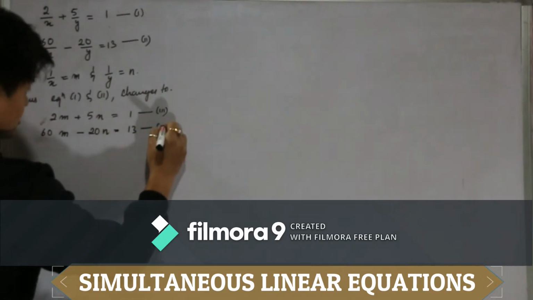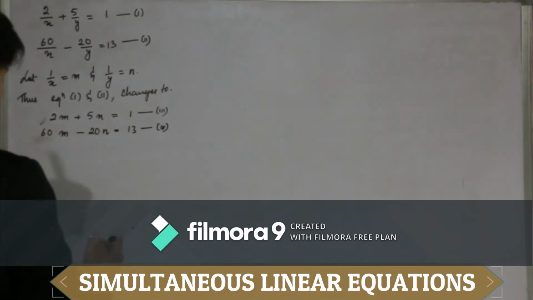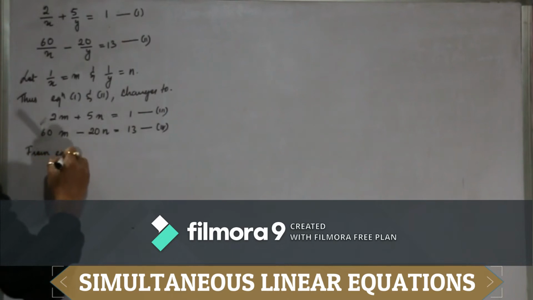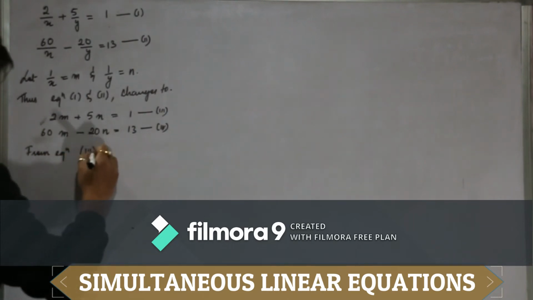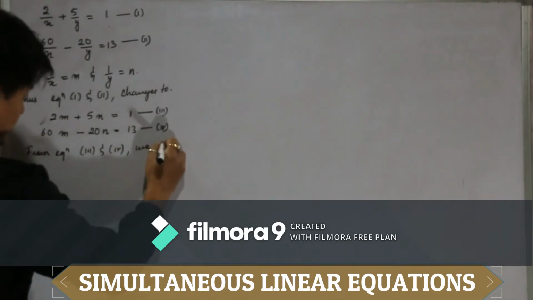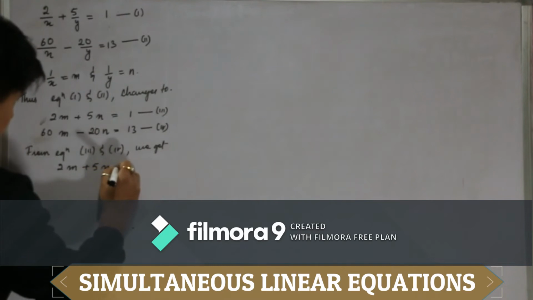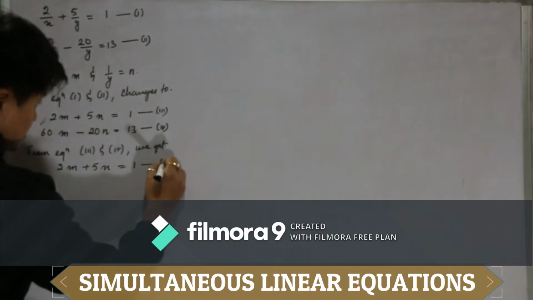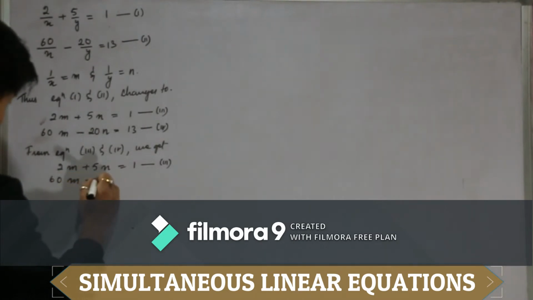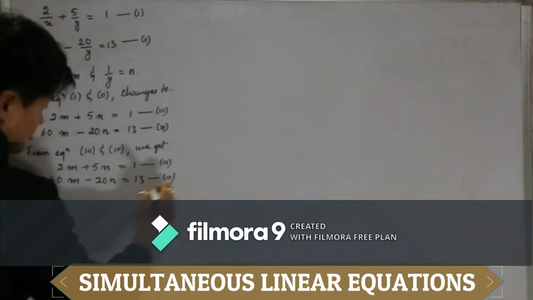This is your equation 4. Now from equations 3 and 4 we get: we'll first write the equation 2m plus 5n is equal to 1. This is your 3, and this is your 60m minus 20n is equal to 13. This is your equation 4.